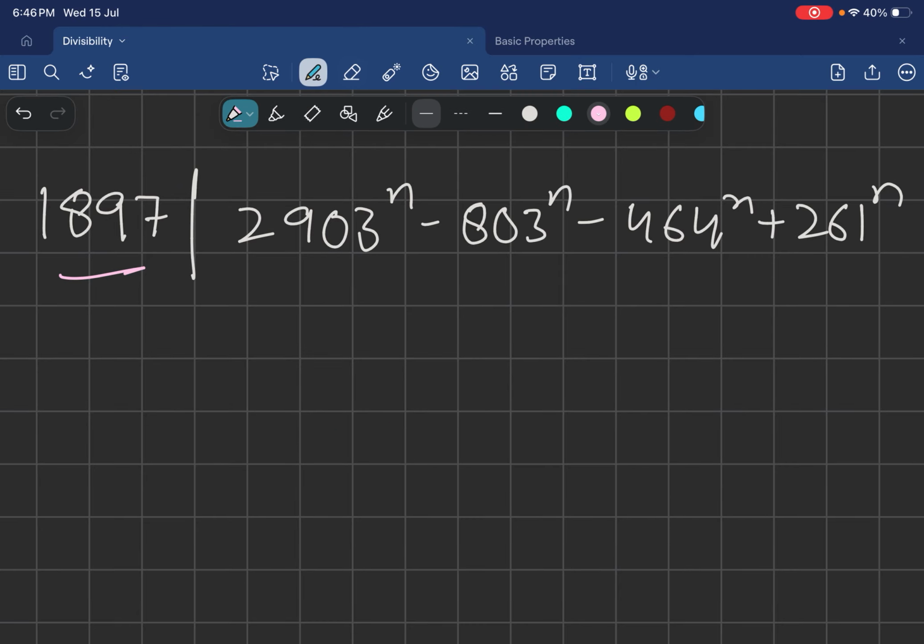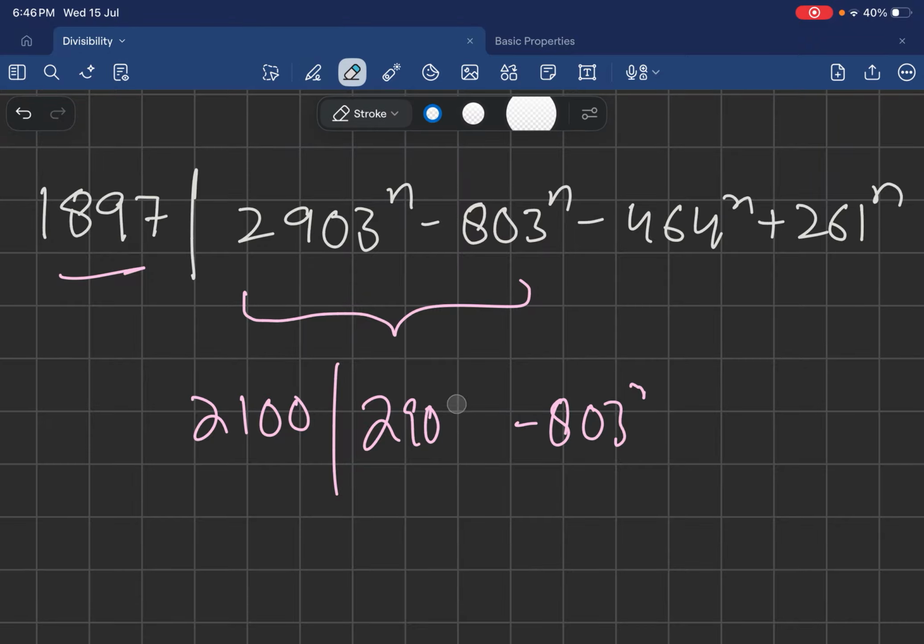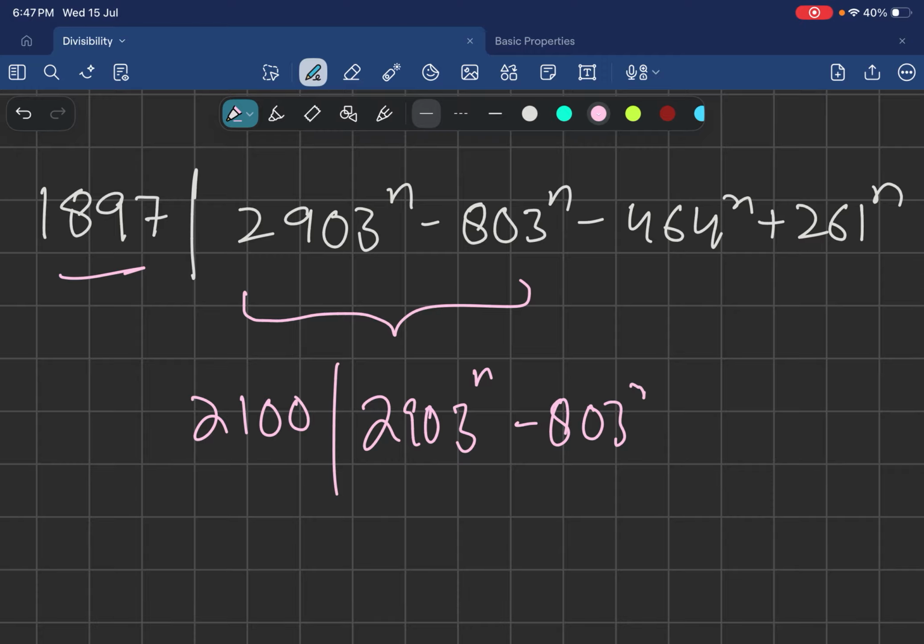Because it is a property of two terms, let's look at two terms for now. Looking at these two terms, we only get 2100 divides 2903 to the power n minus 803 to the power n.